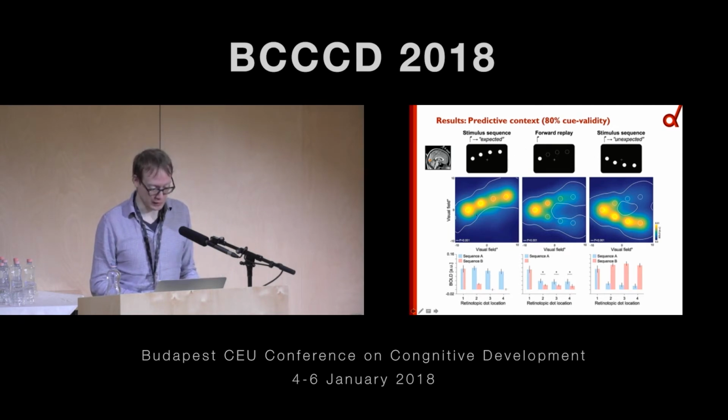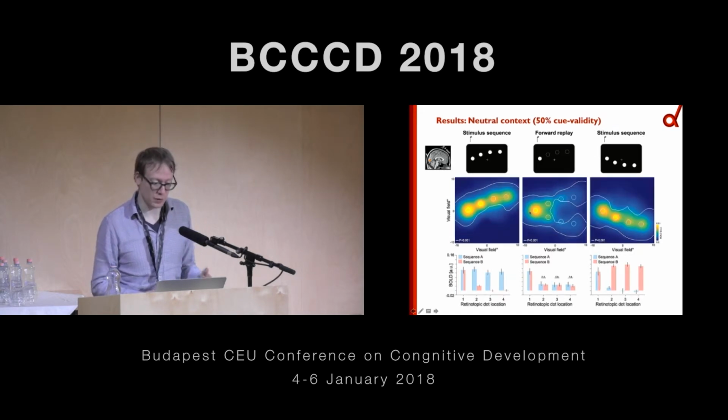And what you see here is that when we just show the initial starting point in conjunction with a tone that would predict the upward sequence, the pre-play is particularly dominant in the upward direction and not so much in the downward direction. Whereas if we have a neutral context in which the tones do not predict what is going to happen, you see that there is no distinction between the two trajectories. So now you have, if you will, pre-play of both trajectories.